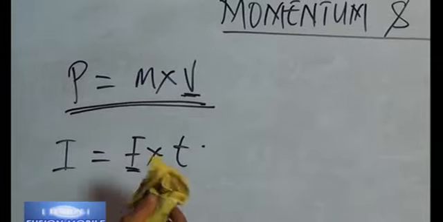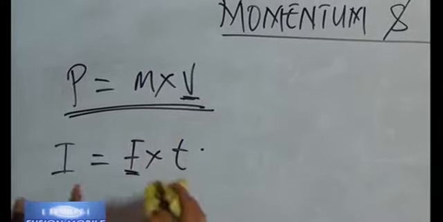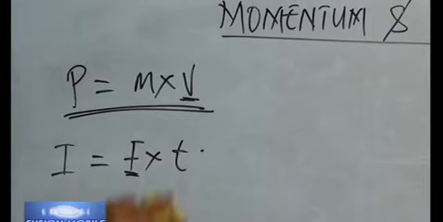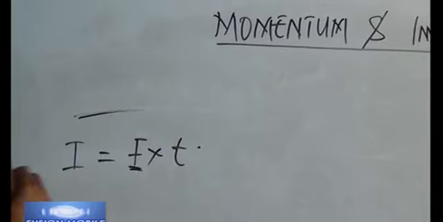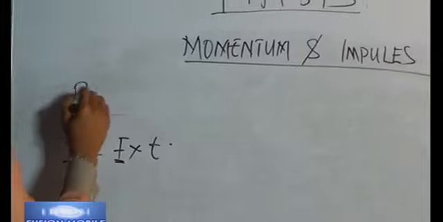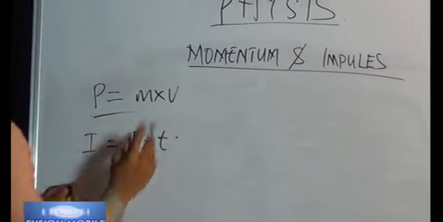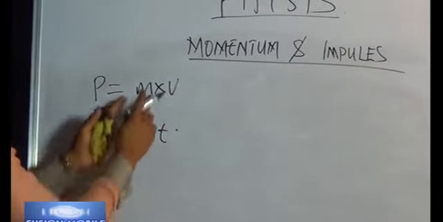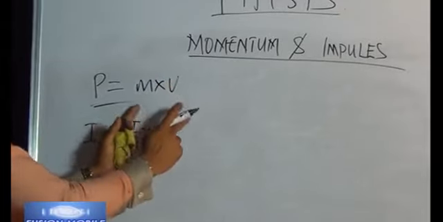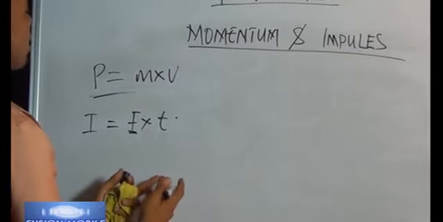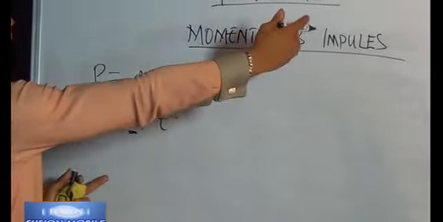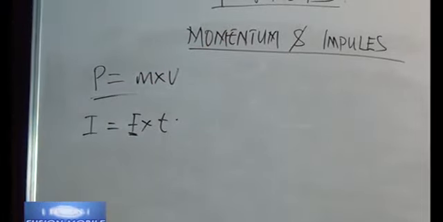But now we'll see how both of them are the same, because we have to prove that impulse is change in momentum. And once we achieve that, we can say that yes, they are saying the same thing, but from different perception.